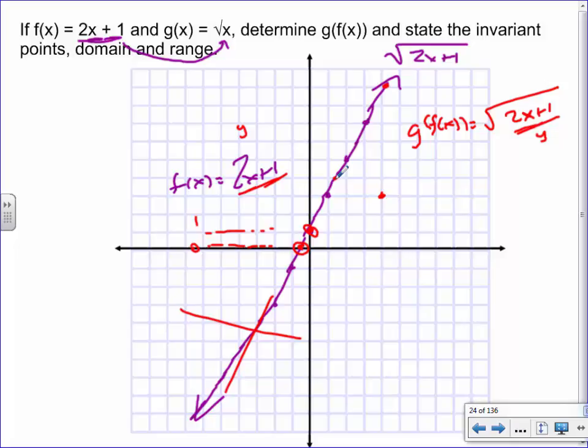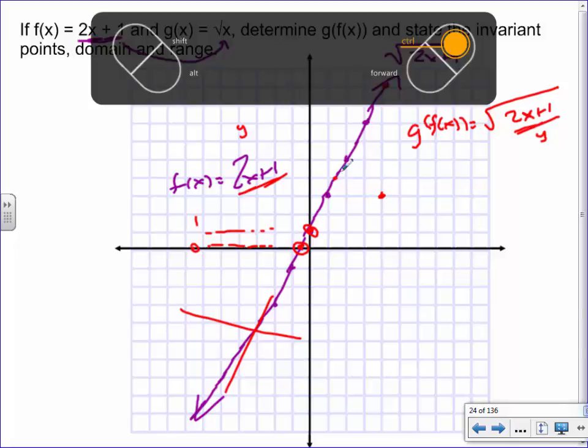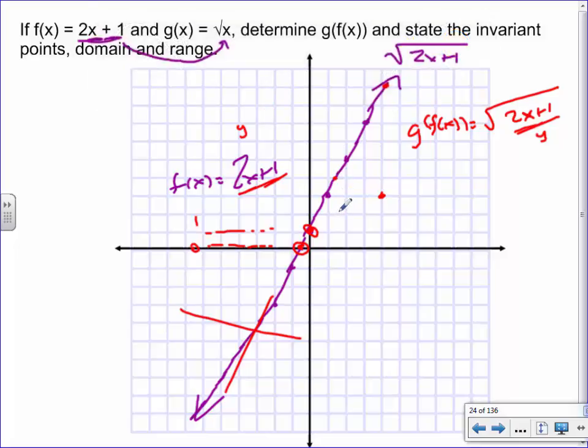Right, y is 4, which means at this point right here it's going to drop down to about 2. Long story short, when you square root numbers, 9 becomes 3, 4 becomes 2, 100 becomes 10. I'm doing this with my hand right now to show you that when you square root a number, they always become smaller. So whatever this y value is right here, it becomes shorter. Whatever this y value is right here, it becomes shorter.